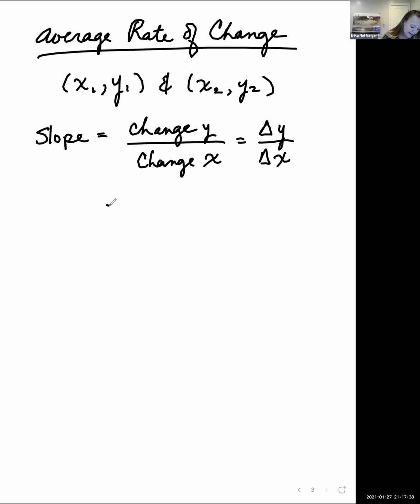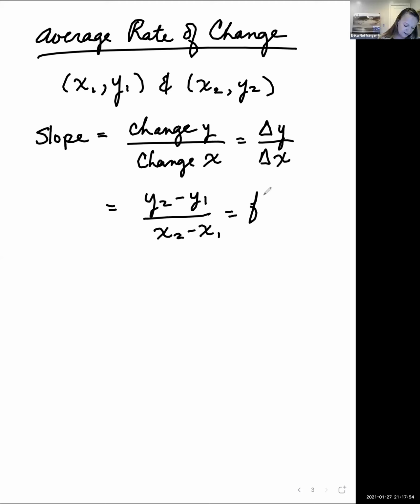Or we could write it as, with these points, y sub 2 minus y sub 1 all over x sub 2 minus x sub 1. Other notation, so all meaning the exact same thing.